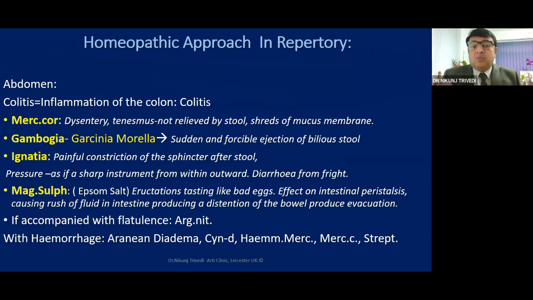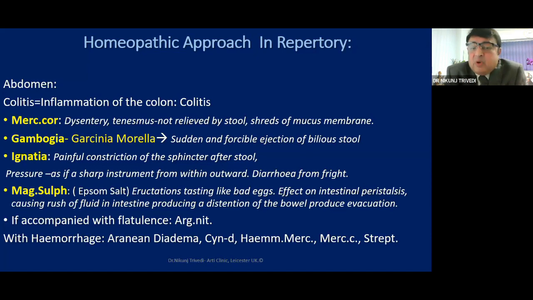Okay, now the homeopathic approach in repertory with digestive disorders, and especially with amoebiasis. Colitis means inflammation of the colon. Mercurius: if we look at the symptoms of Mercurius, then dysentery, tenesmus not relieved by stool, shreds of mucous membrane present in stool.